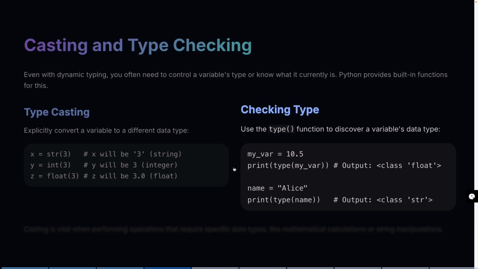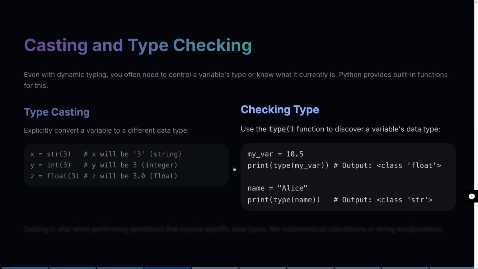Checking type. Use the type function to discover a variable's data type. When we know there is a variable and we assign a value, but we want to know the variable's data type, at that time we use the type function. Print type and add the variable into it.